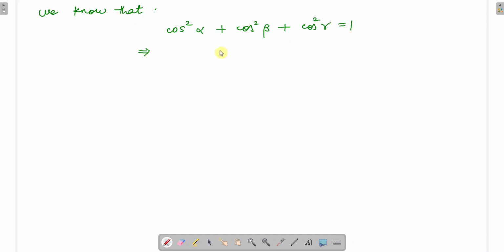So since alpha, beta and gamma are equal, we will get cos square alpha plus cos square alpha plus cos square alpha equal to 1, because beta and gamma are equal to alpha.